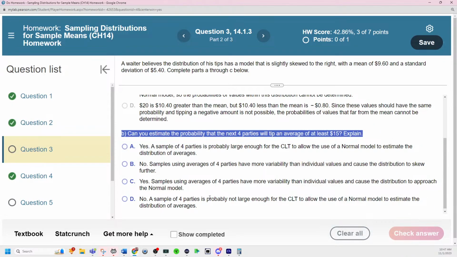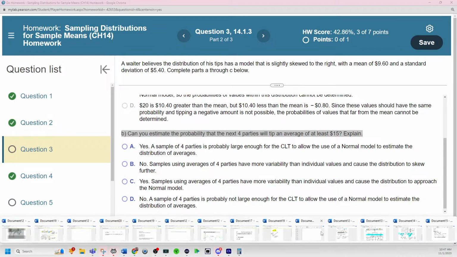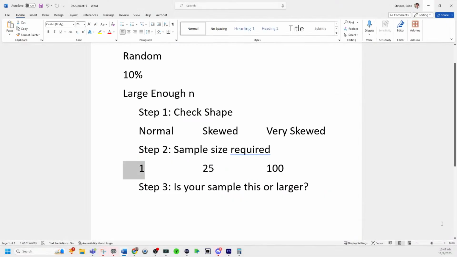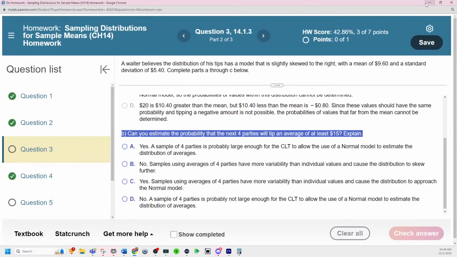If there's a little bit of skew, and please note, because I think this one's going to be a little bit weird, you're probably looking at an answer between 1 to 25. Because the more skewed it is, the larger it needs to be. These numbers below are the requirements, so we're probably at like 10 or 15 because it says slightly skewed.